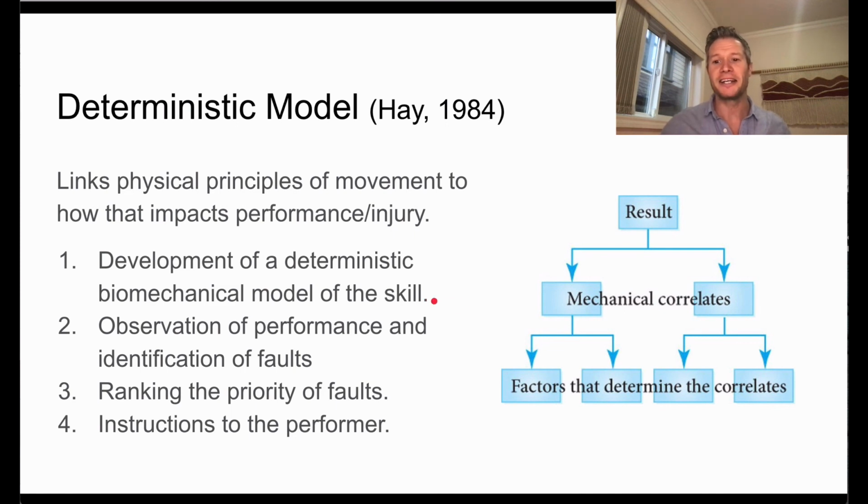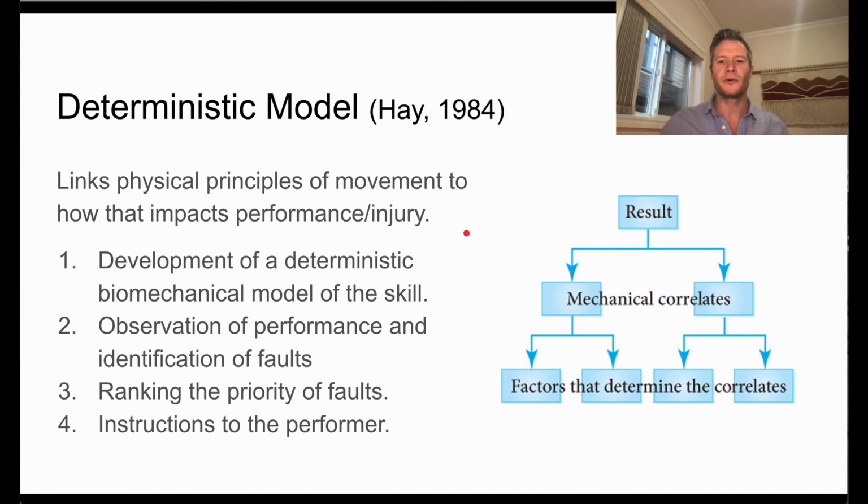And so ultimately, they start with this hierarchical sequential model where you have your end result, whatever your goal is for the skill. You have mechanical correlates that ultimately give you a result. And at the end, you try to figure out what each individual factor contributes to the mechanical correlates to contribute to the best result.